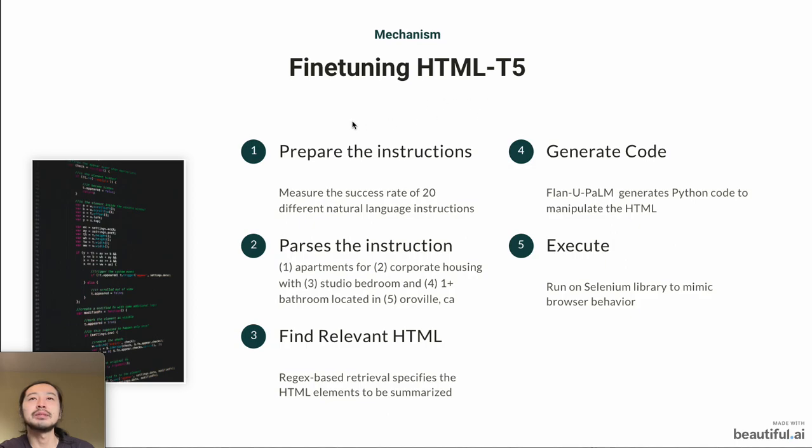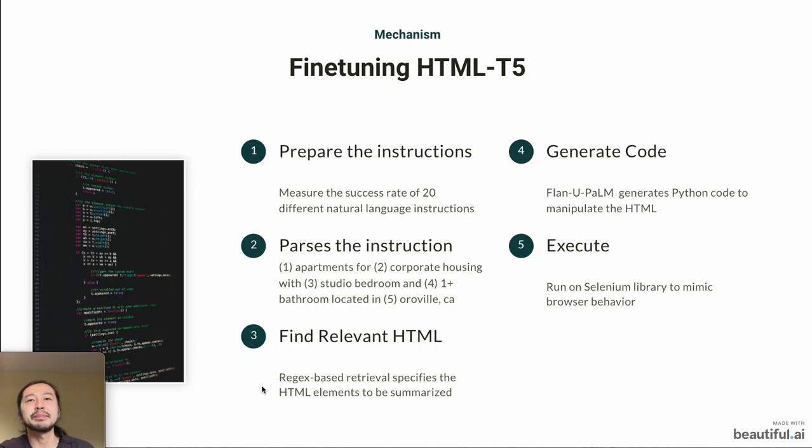So for fine-tuning HTML5, they prepare the instructions first, measuring the success rate on 20 different natural language instructions. Natural language being like, go search this. And they parse that instruction: apartments for rent will be one section, corporate housing another, studio bedroom another, etc. And then find relevant HTML.